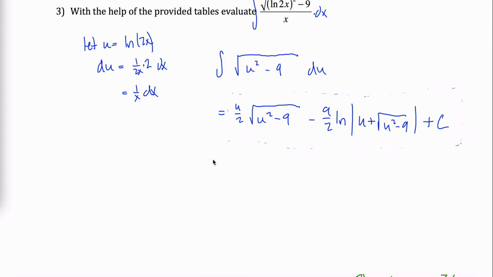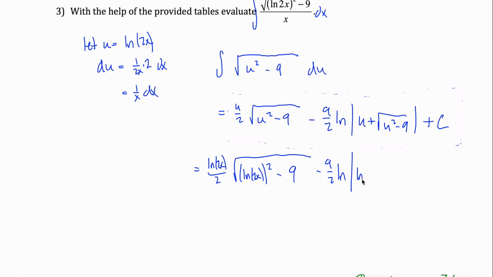And then you don't want to leave u's in your answer, so you just copy that entire mess, and this is kind of tedious, but everywhere you see u, you change it to natural log of 2x. So you get natural log of 2x over 2 times the square root of natural log of 2x squared minus 9, minus 9/2 natural log of 2x plus the square root of natural log of 2x squared minus 9, plus c.